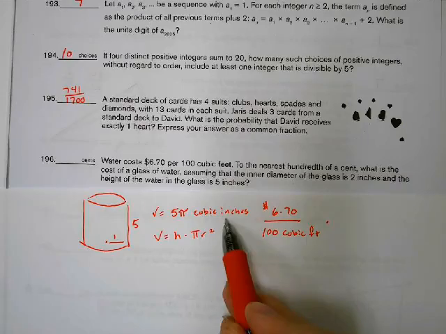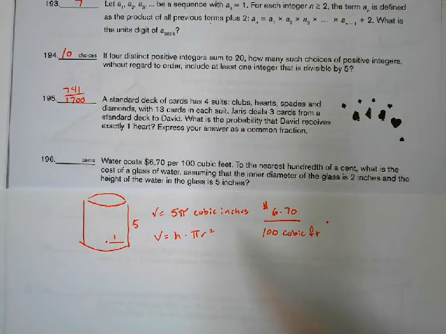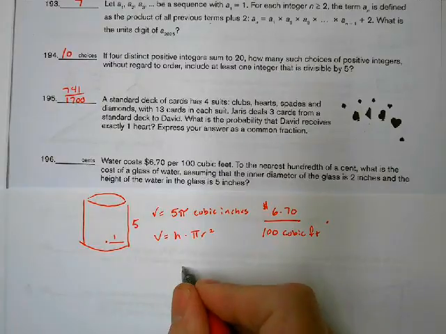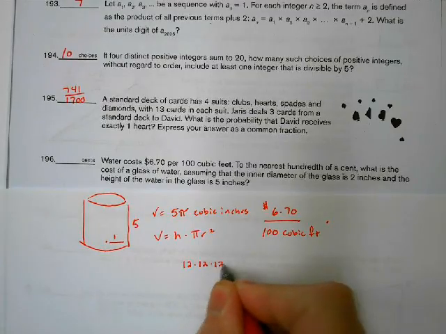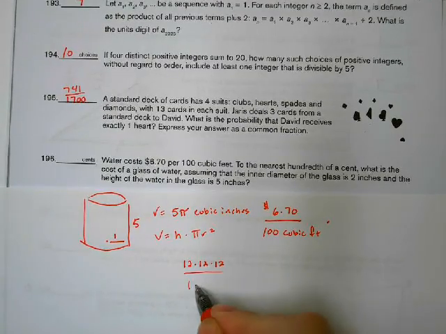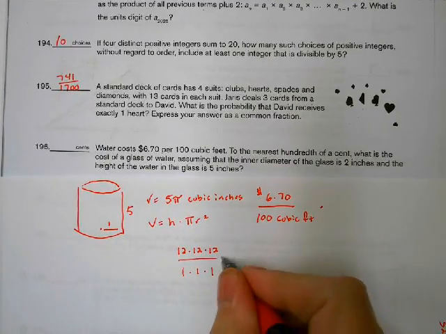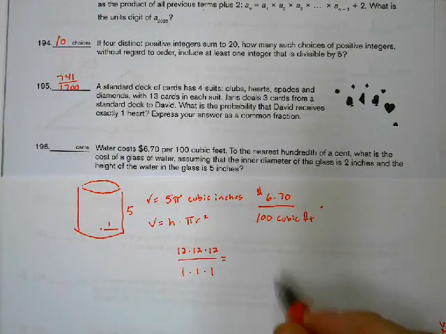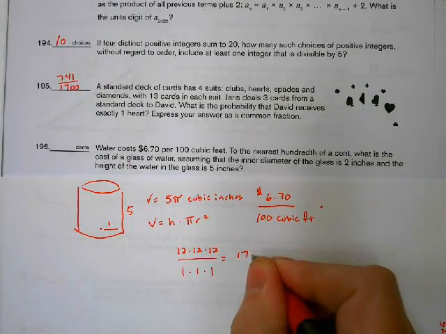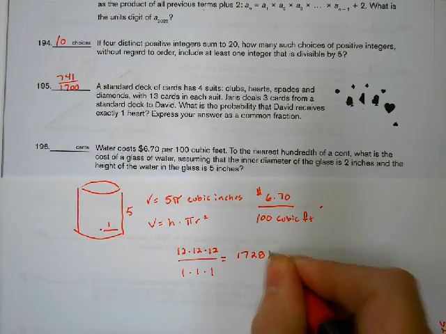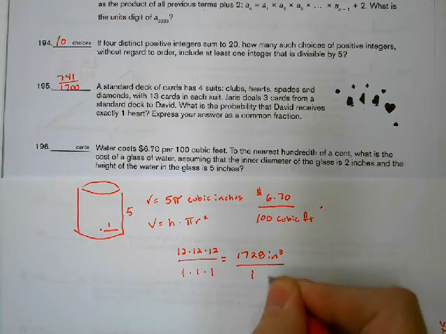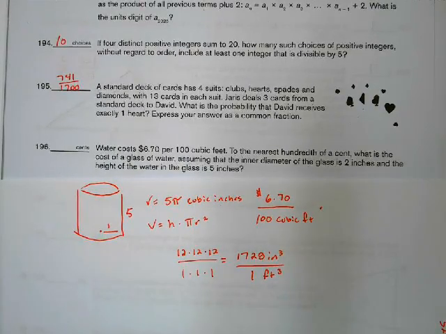There are 12 times 12 times 12 inches for every 1 times 1 times 1 cubic feet, right? So 12 times 12 times 12 is 1728. There's 1728 cubic inches for every 1 cubic foot. Because there's 12 inches times 12 inches times 12 inches for 1 foot times 1 foot times 1 foot. All right, so we can set up this conversion.